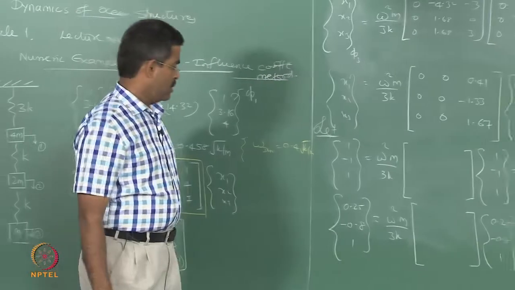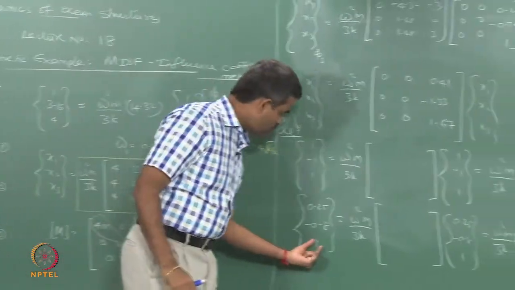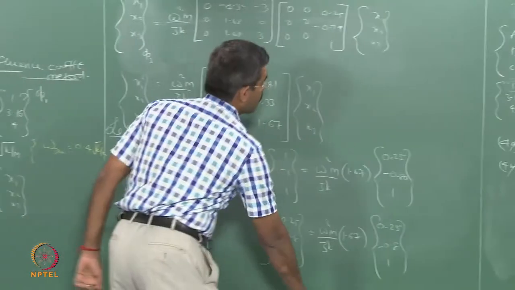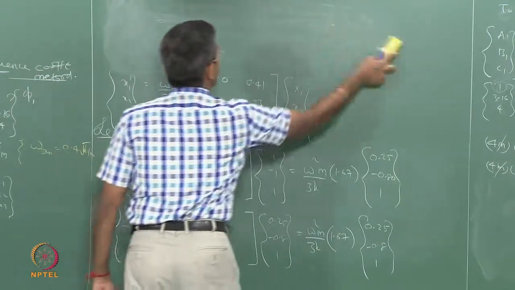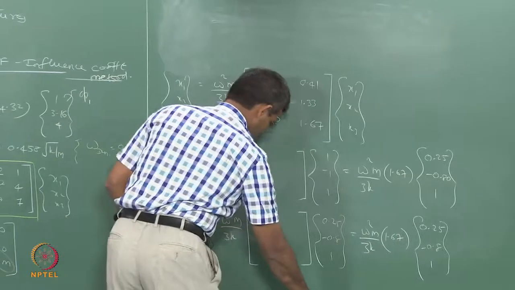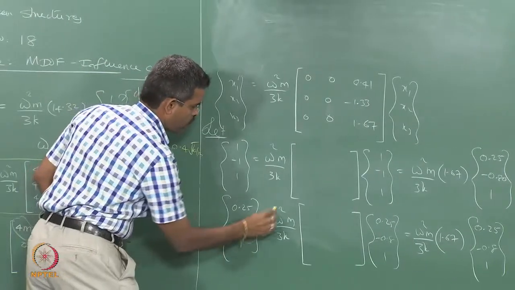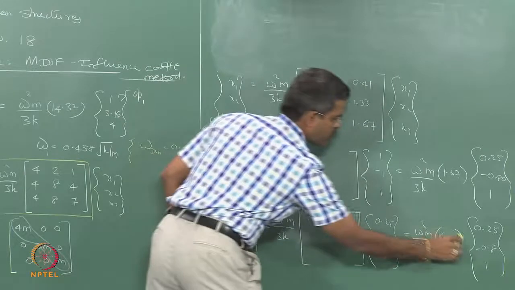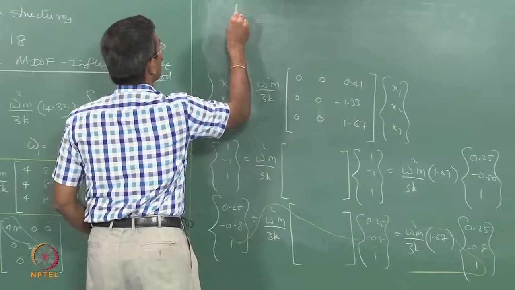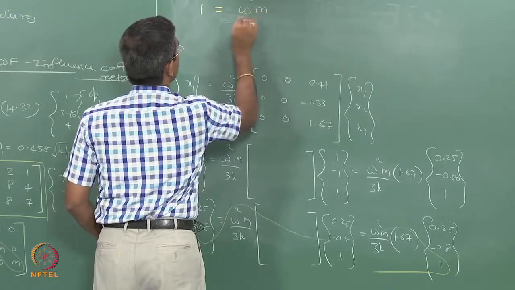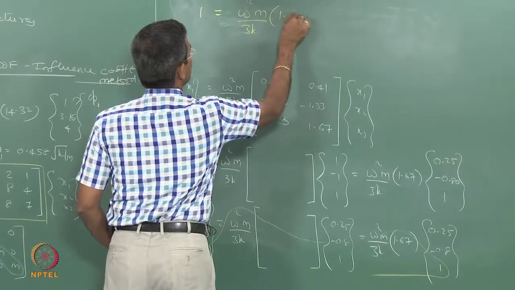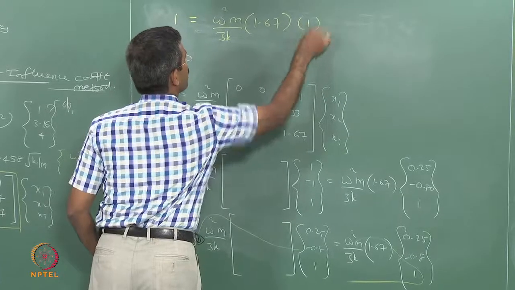Okay. Now, I can expand this, say 1 is equal to, write it here. I am using the last statement, 1 of this is equal to this. So, 1 is equal to omega square m by 3k of 1.67 of 1.